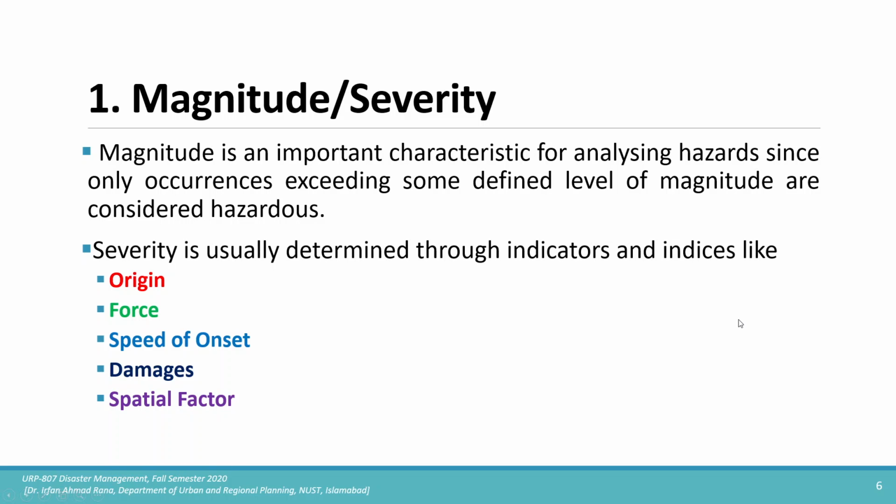Another definition of the magnitude of a hazard is an event which has generated a lot of energy. So, intensity and these things. This magnitude, intensity, or severity also depends upon spatial factors.